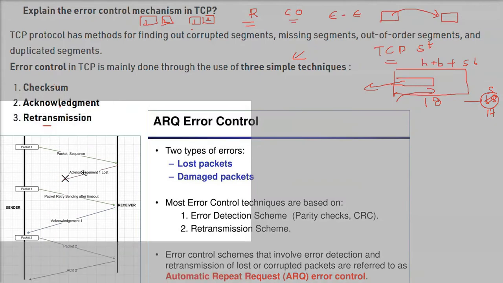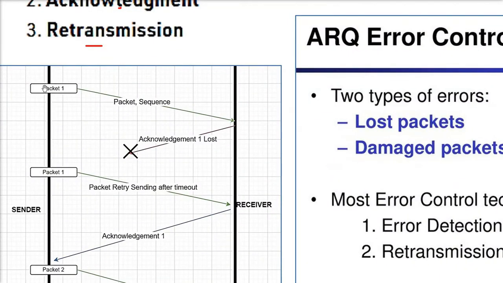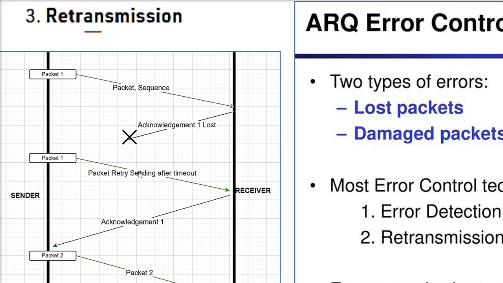This is the packet once you send it from sender to receiver. Now the acknowledgement you don't get. Acknowledgement is all about saying I got the packet. Now this is the acknowledgement. I am acknowledging it. So the acknowledgement is lost. So packet 1 will be retransmitted. The packet retries sending after some timeout.